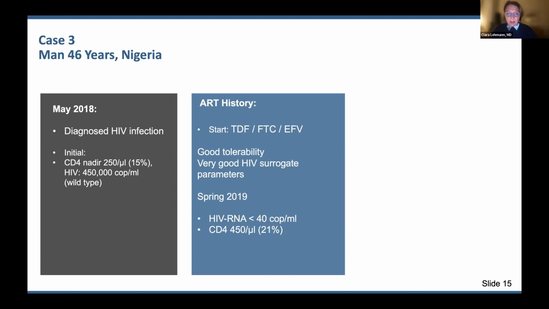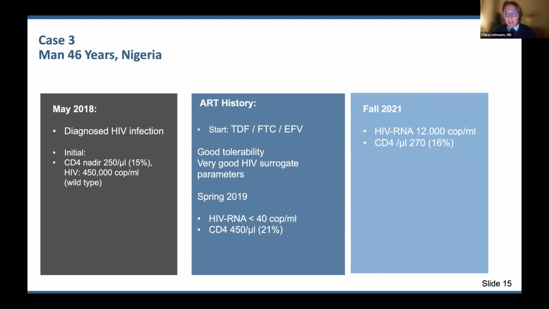Because of the corona pandemic, he didn't come to the clinic anymore, and so he stopped the treatment, or interrupted the treatment. And so in fall 2021, he had a viral load of 12,000 and a decrease of the CD4 T cell counts. And of course, in this situation, we decided to do genotypic resistance testing.